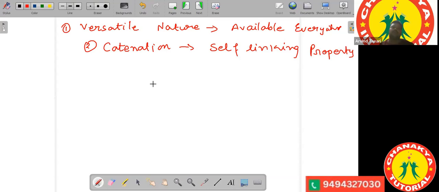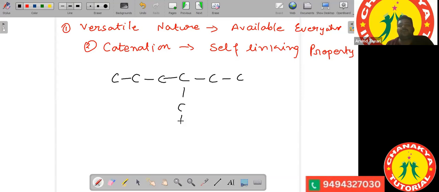That means out of the 118 elements which are known, there is no other element which can perform the property of catenation, which means self-linking. Self-linking means one carbon atom can link itself to the other, this can link to other, it can link to other, and in this way, it can form long chains. There can be several long chains which are possible with the carbon.